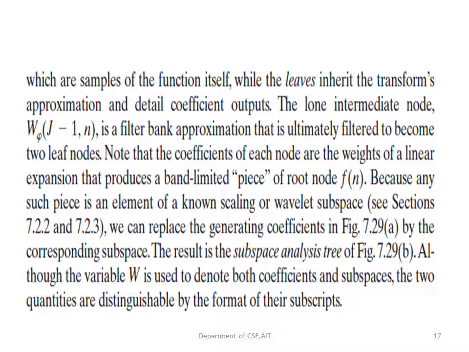The root node is assigned the highest scale approximation coefficients, which are the samples of the function itself. The leaves inherit the transform's approximation and detail coefficient outputs. The intermediate node, that is W of phi j minus 1 n, is a filter bank approximation that is filtered to become two leaf nodes. That is, it will become W of phi j minus 2 and W of psi j minus 2.